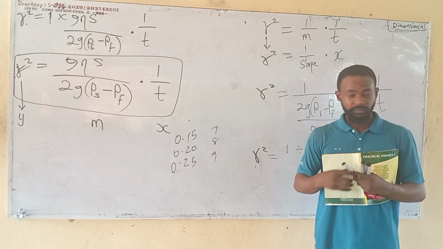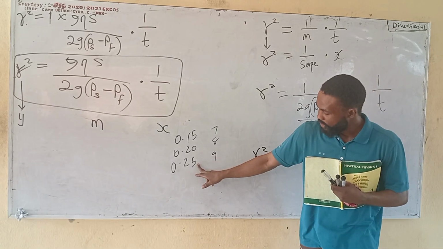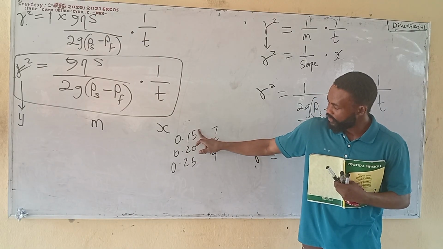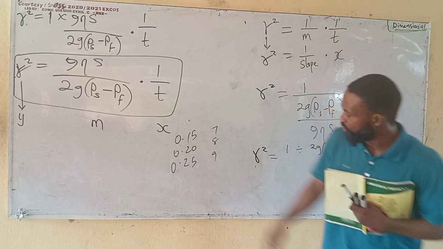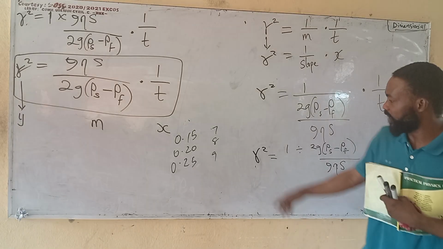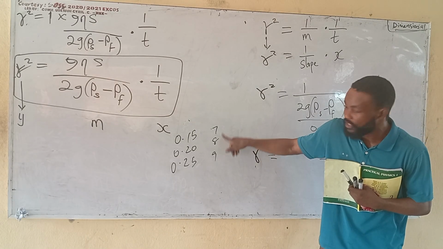I hope you know, because this 0.25 should be greater than this now. Greater than this. Am I right? Check. Yes, right? Notice that the 9 is greater than this and this is greater.